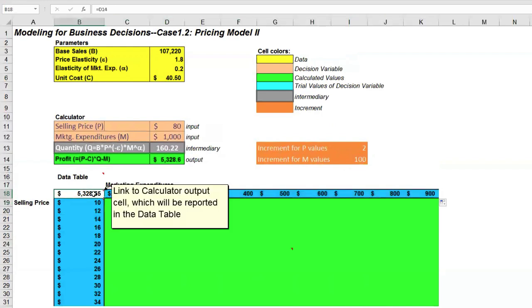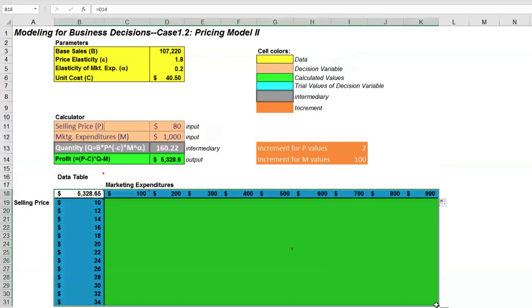And now we are going to select the entire table. And we call the data, what-if analysis, the data table. When we have a pop-up window like this, we have two distinct variables. The one for the row is marketing expenditure, but we do not take any value from here.